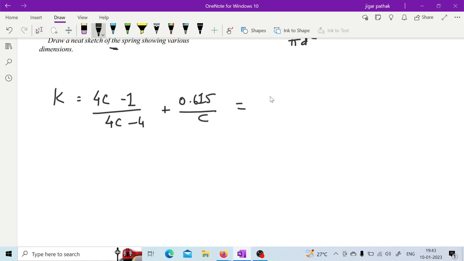It is around 1.25. So once you have calculated this, then you can write the other things which are with you, right?